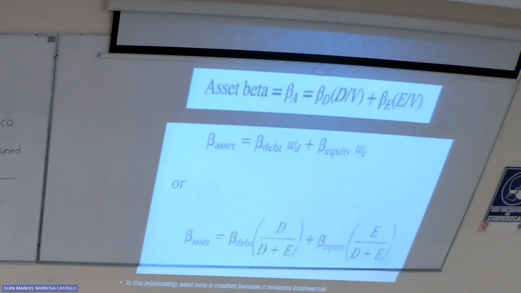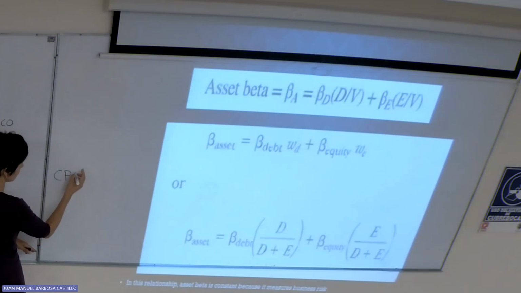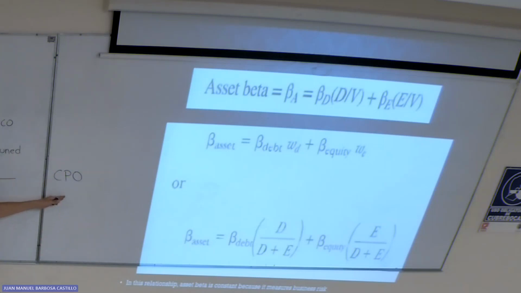But that's not something family companies worry about. They worry about control, as someone of you mentioned. They know about the CPOs. You remember it? Yes.